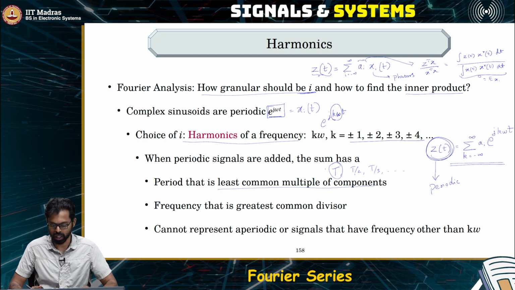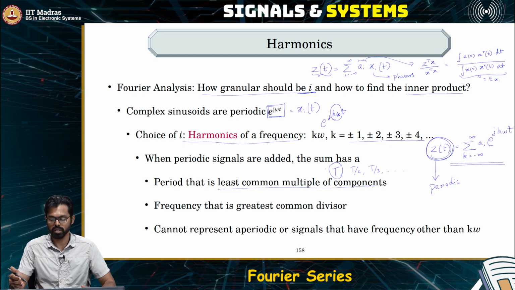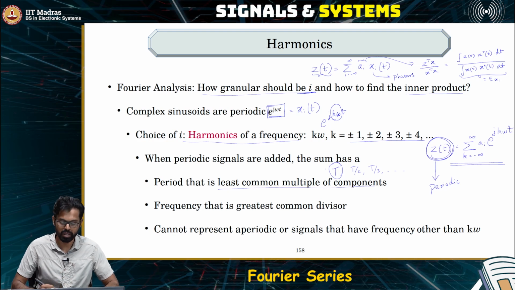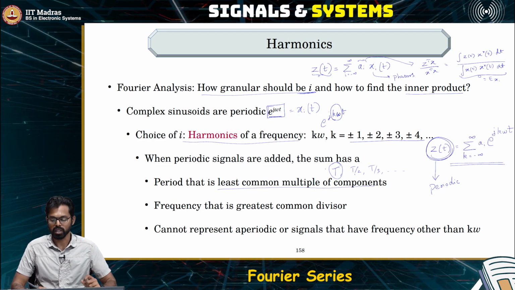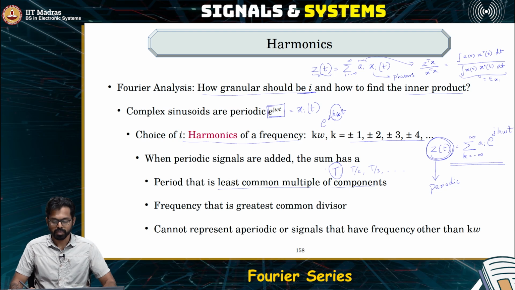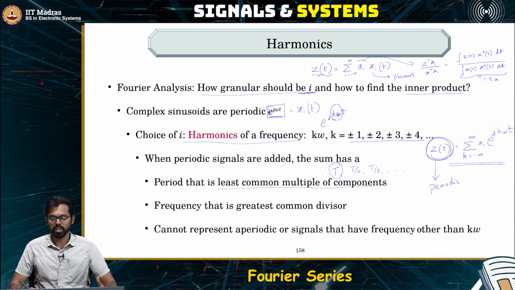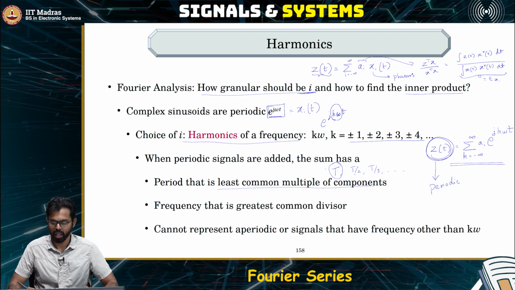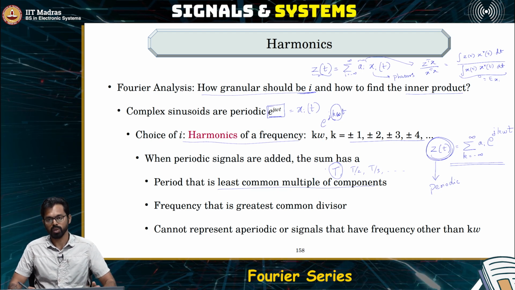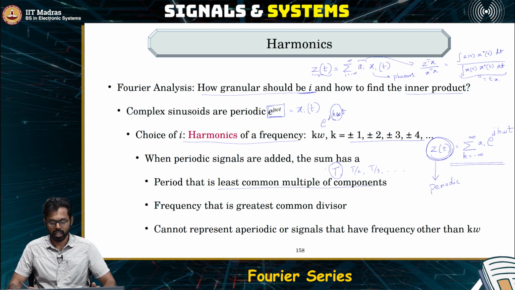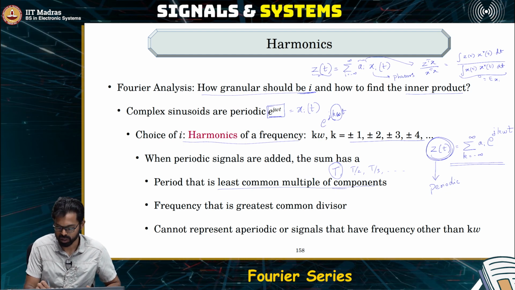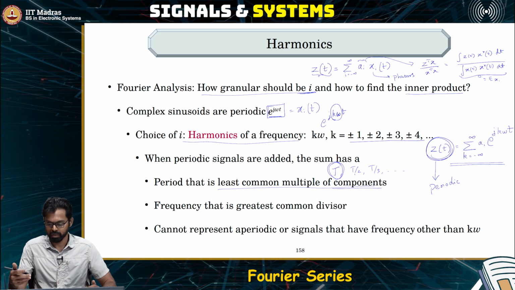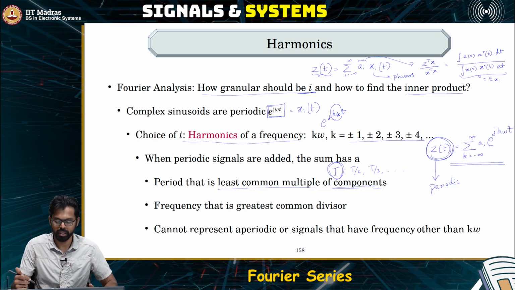So however many frequencies we can use to represent this, the greatest common divisor is what we'll denote as the frequency of z(t). So what this tells us is z(t) has to be a periodic signal, and not only that, but its period should be the least common multiple of these components. Not only that, but we also put a restriction on the period and the frequency itself.